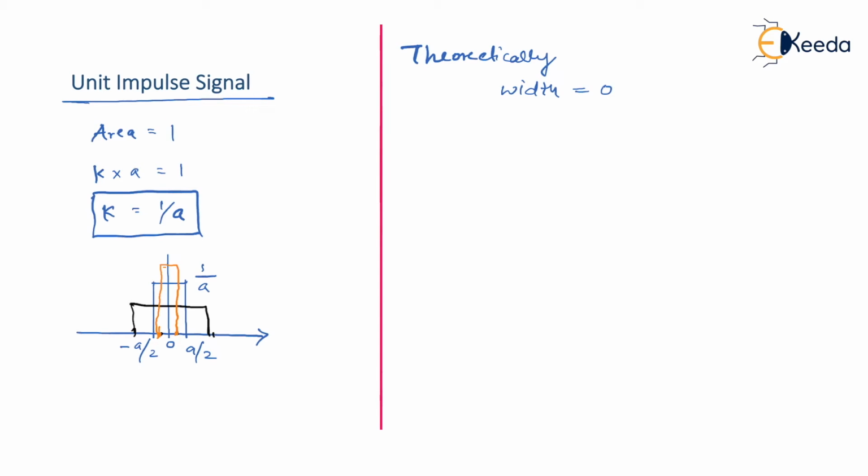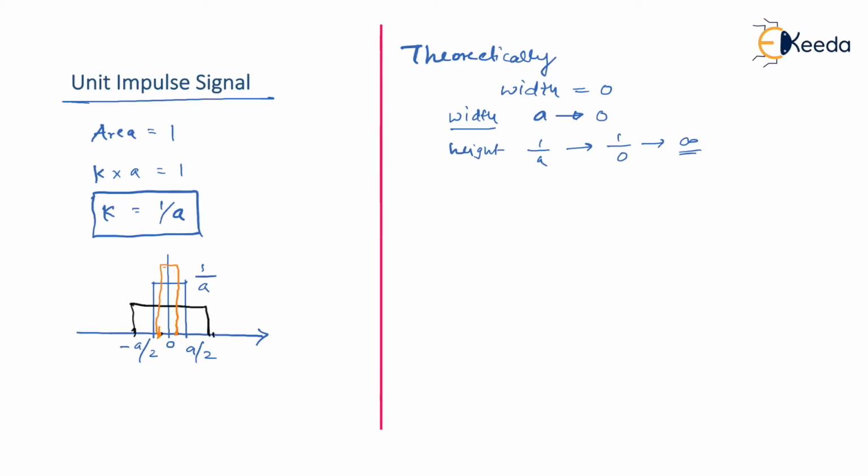Now, if width equal to 0, in our case width is A, then A should tend to 0. If A tends to 0, and we know that since we have unit impulse signal, our height accordingly is 1 by A, then 1 by A becomes 1 by 0, so height should tend to infinity.